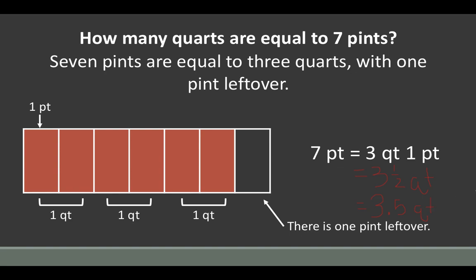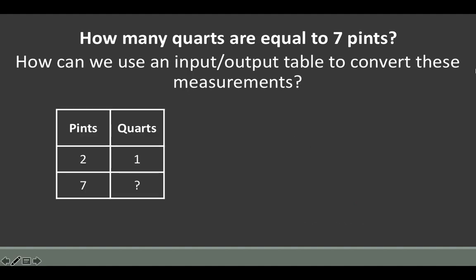Okay. But most likely when you're tested, they're going to put it in this format where you have the number of quarts, and if it's unequal, then you're going to have the pints attached to it that way.